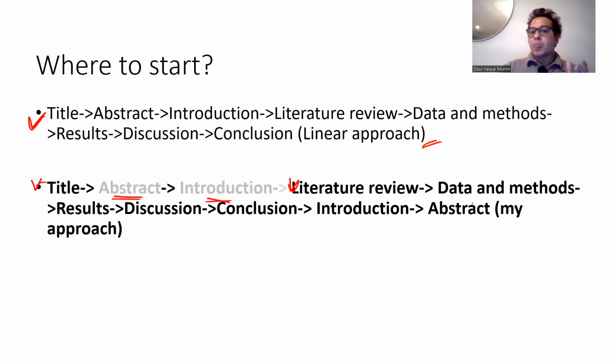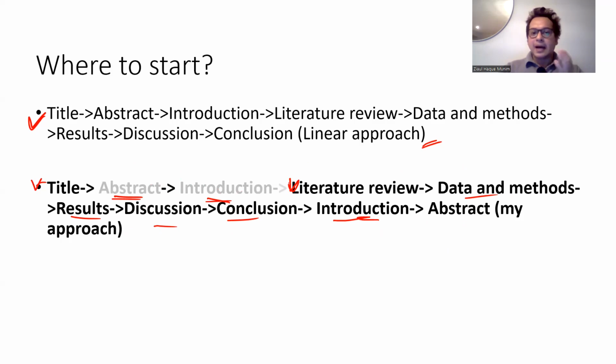Then we can proceed with the data and method section, write the results, discussion, conclusion, and then come back to the introduction and finalize it, and in the end, finalize the abstract. So we might have a tentative abstract and introduction in the beginning, but we finalize them in the end. That's the approach I follow.